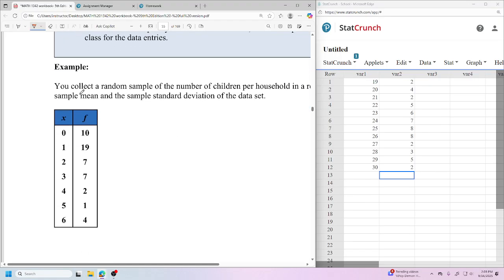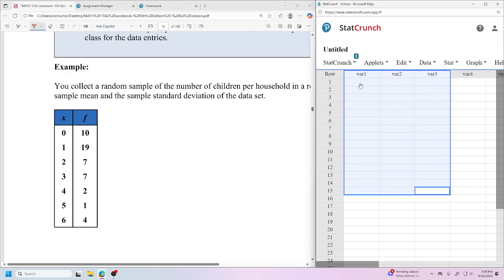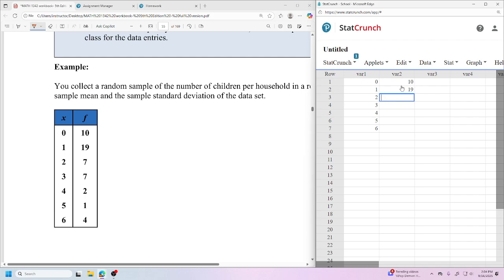So here it says, find the mean, find the standard deviation. Okay, here we go. Is that 19.77214?